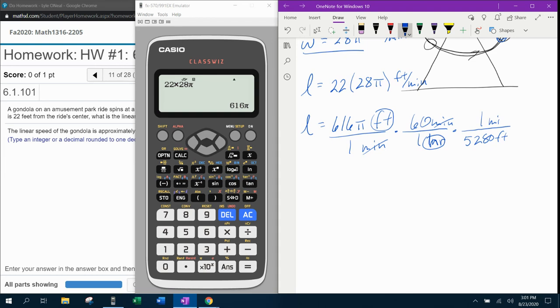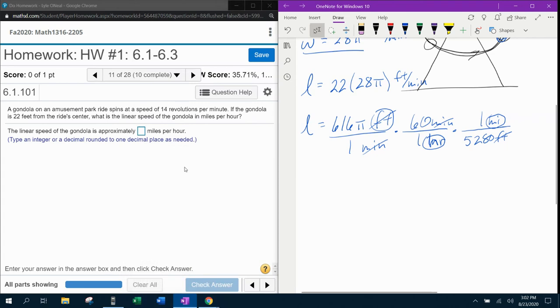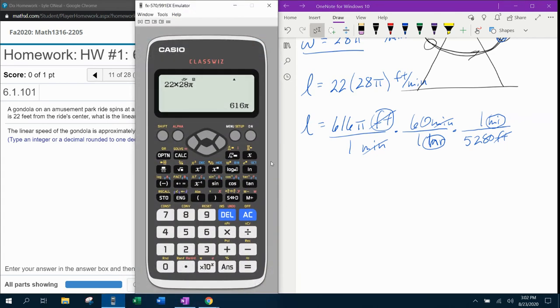And again, the reason I put the feet on bottom is because over here the feet are on top, and I want to get the feet to cancel. Top and bottom, the feet cancel. Notice that gives me my length unit that I was looking for, which is miles, okay?